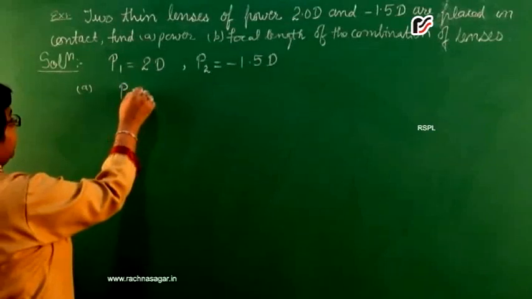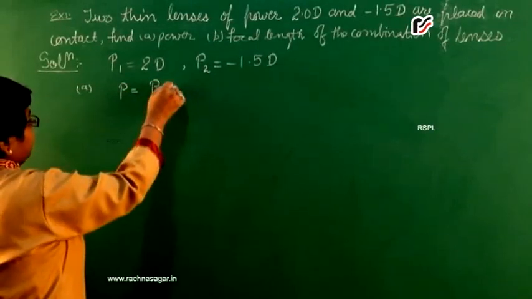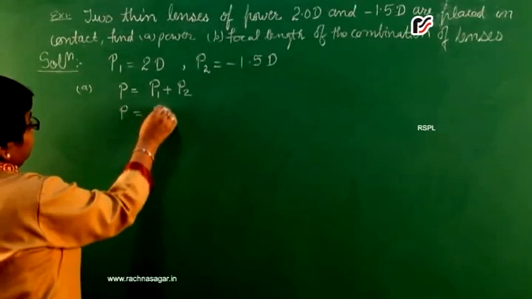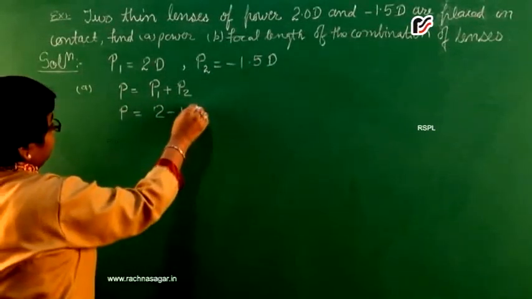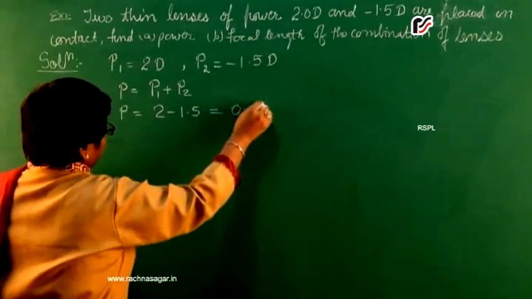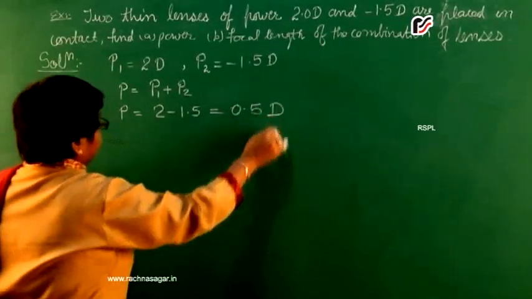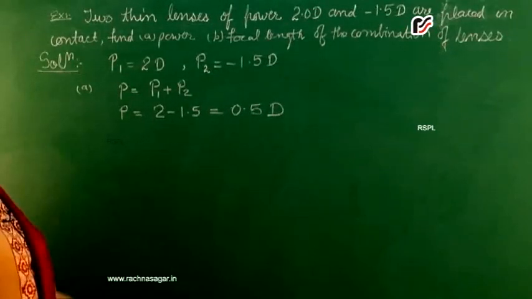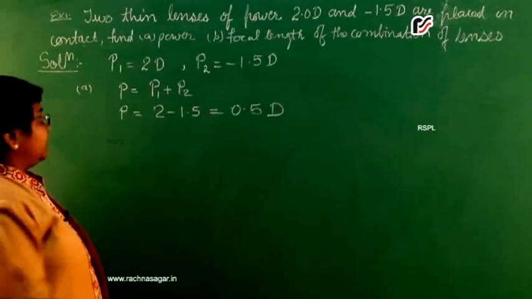As we know the formula for the combination of power, the combination of the lenses has power 0.5 diopter.